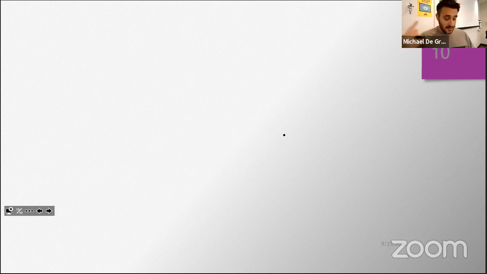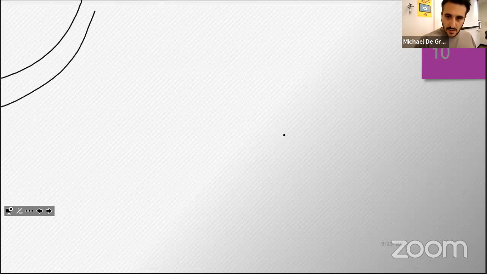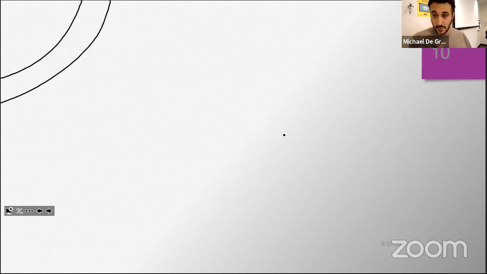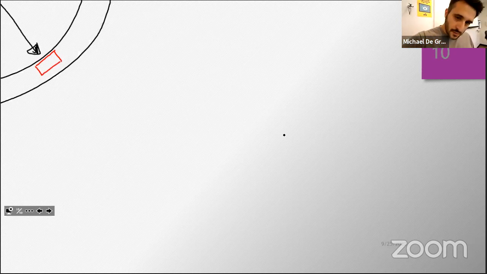We'll go over this when the rest of you get back in here. But imagine for a second you're looking top down. Here's the road. I realize that that is horribly drawn. Here's the car, and rho.